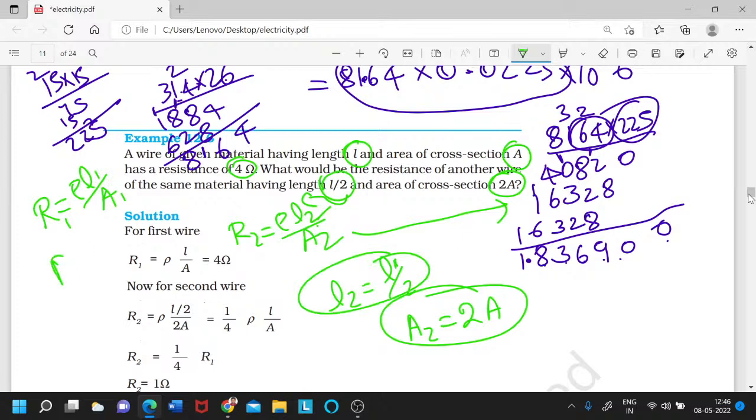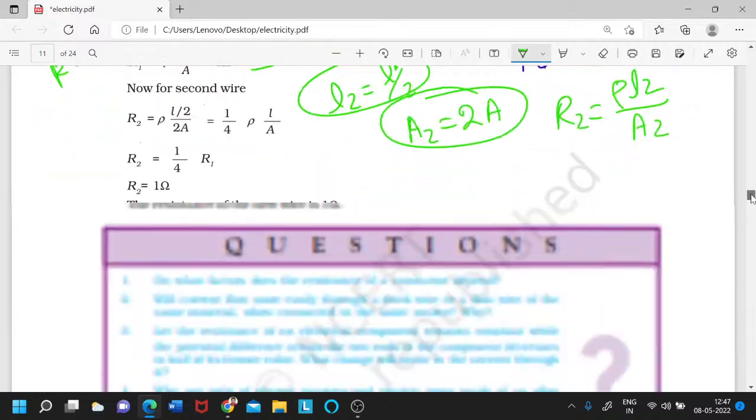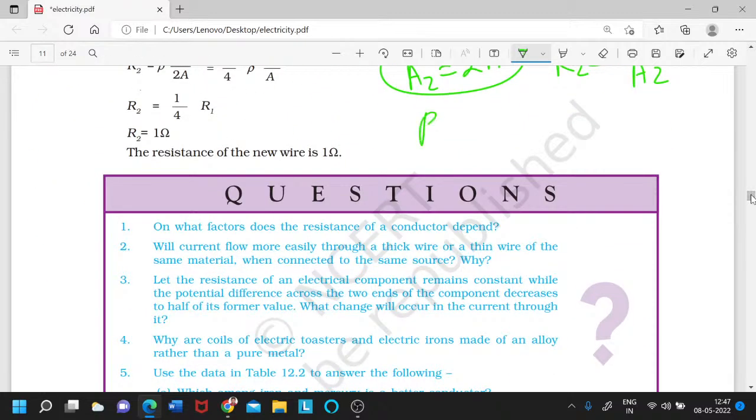R is given as 4 ohms. Now they asked what is R2. R2 is equal to rho L2 by A2. L2 is how much? Half of L1. Rho, same material, so this one will be the same. So L1 divided by 2 and 2 times A1.